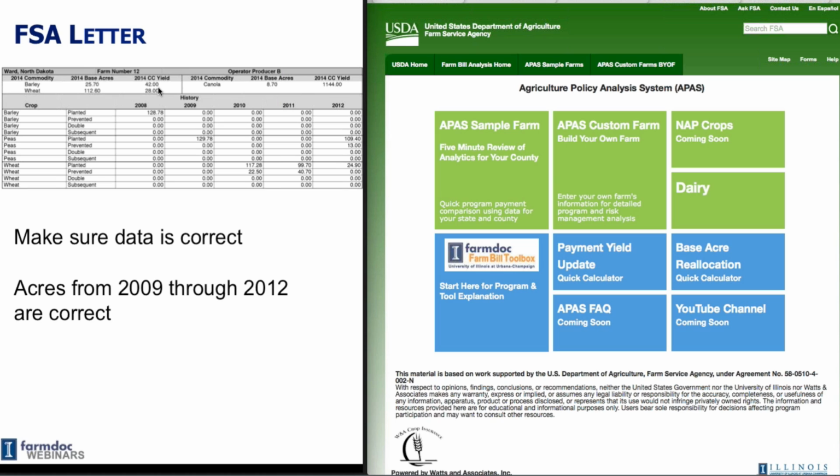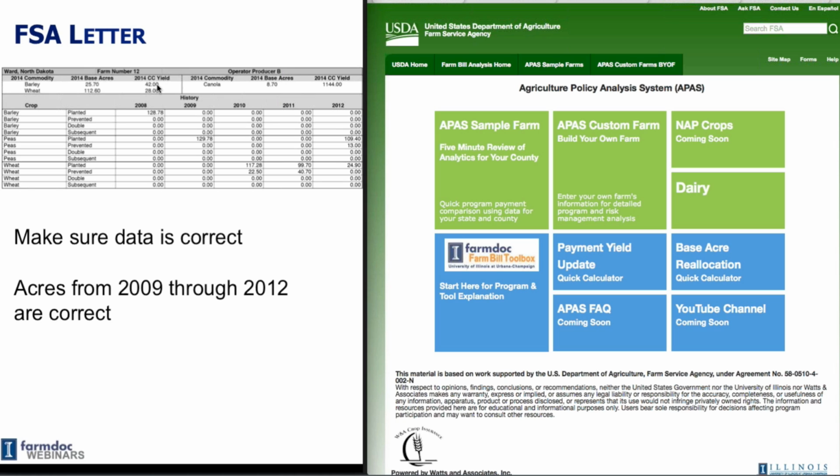A couple points here. These 2014 countercyclical yields, those are your program yields on record. Back in 2004, you had the opportunity to update program yields. If you took the opportunity to update those yields, it would be based on those yields that were done in the 2004 Farm Bill. If you did not update, they go way back.